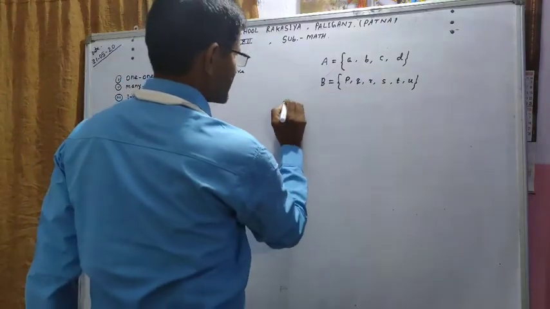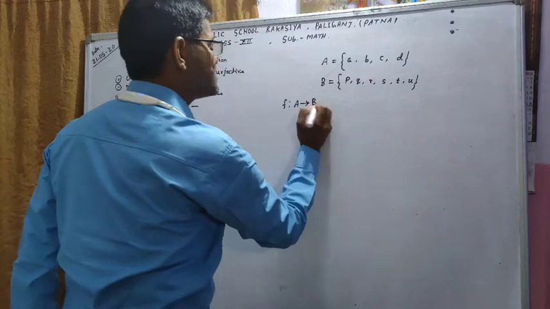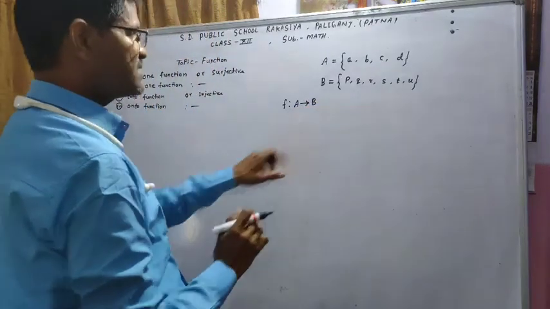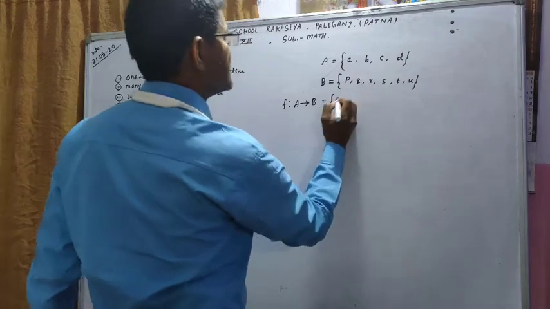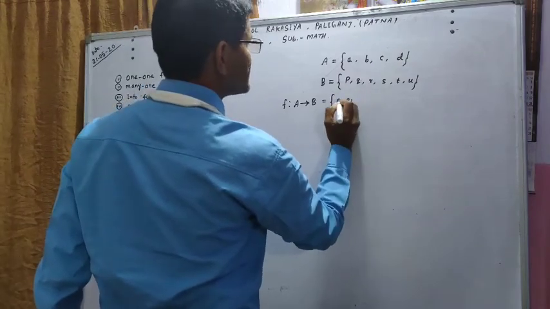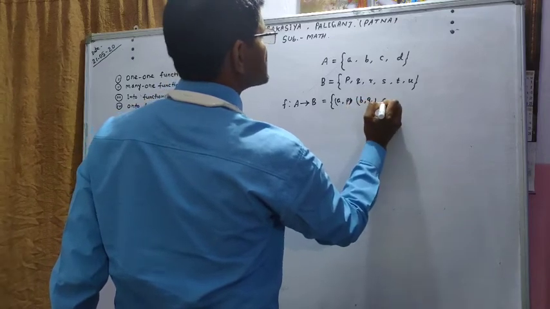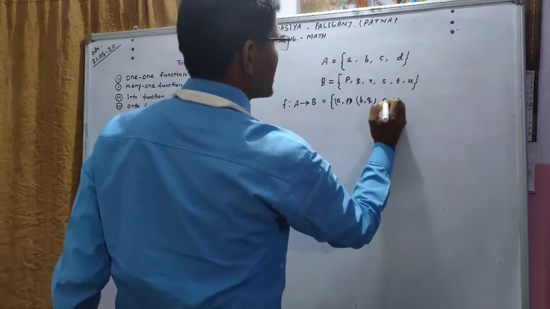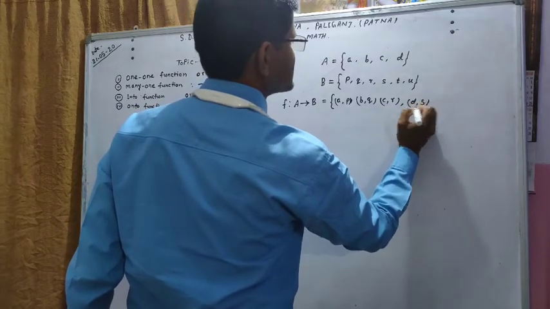If a function is defined from set A to B, it is defined like this: a is related with p, b is related with q, c is related with r and d is related with s.